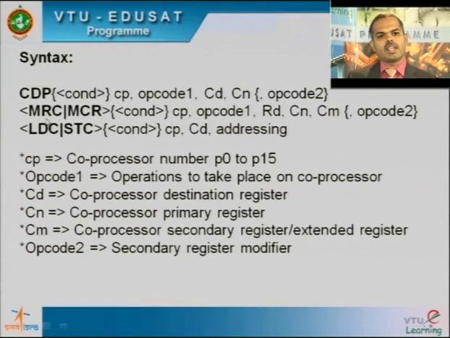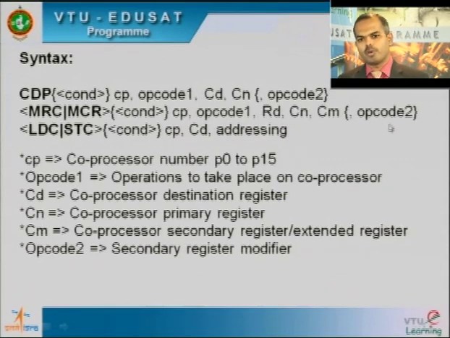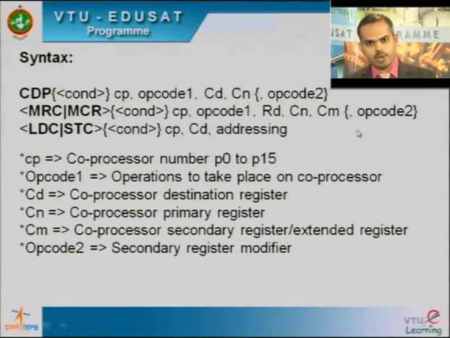The second one, MRC or MCR, one of these instructions with a condition, CP, opcode 1, Rd, CN, CM, and again in curly brackets opcode 2, which is optional. LDC or STC, one of these instructions, condition, CP, CD, addressing modes. In this, what does CP stand for?